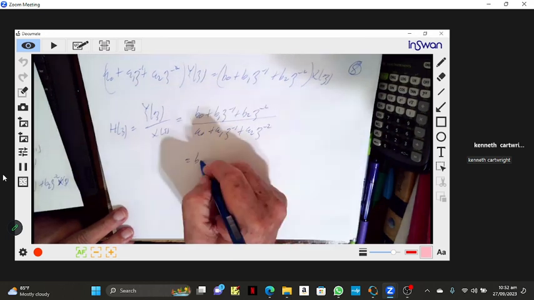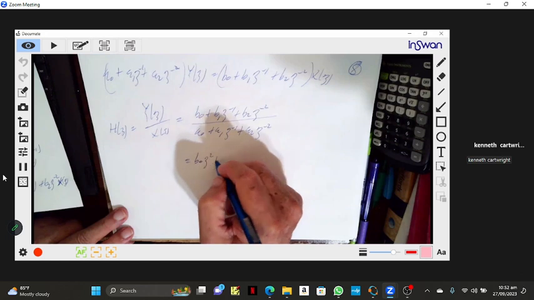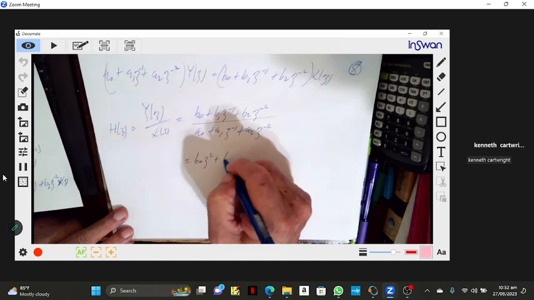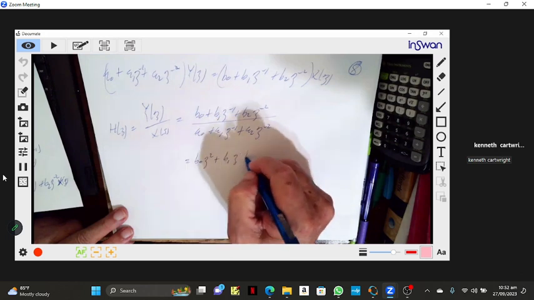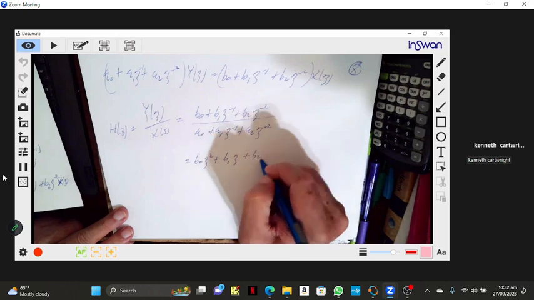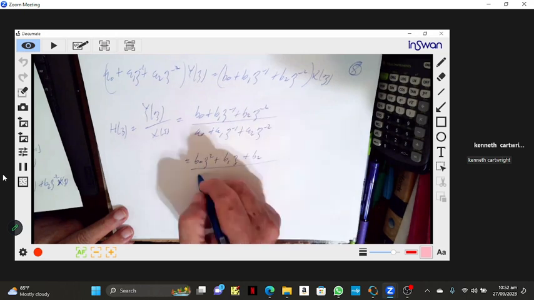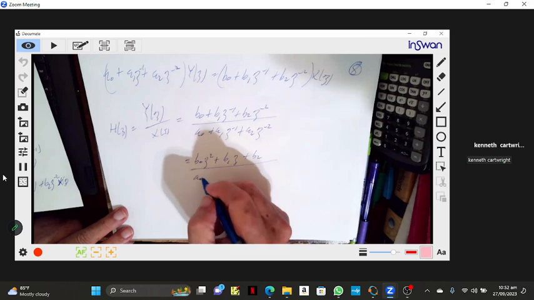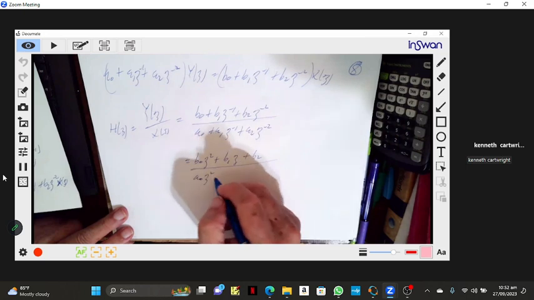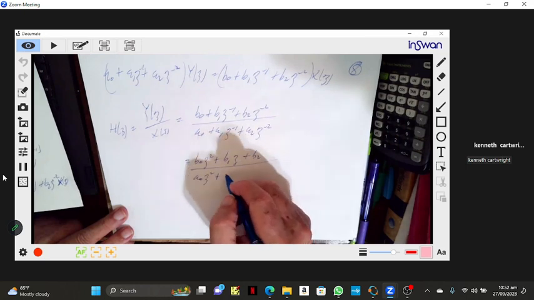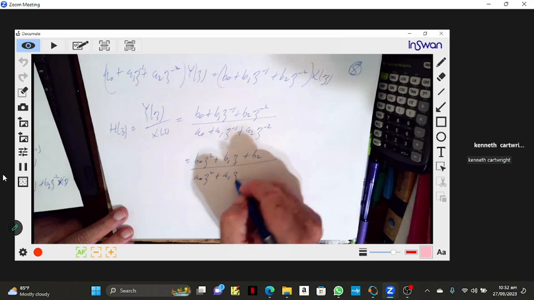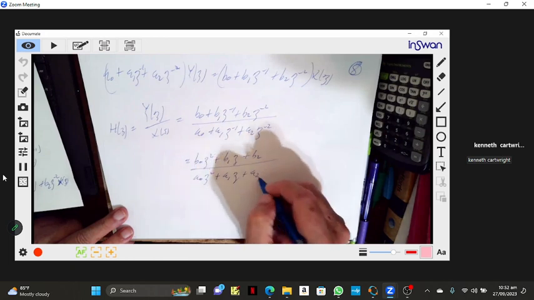This becomes b0 z squared plus b1 z plus b2 over a0 z squared plus a1 z plus a2.